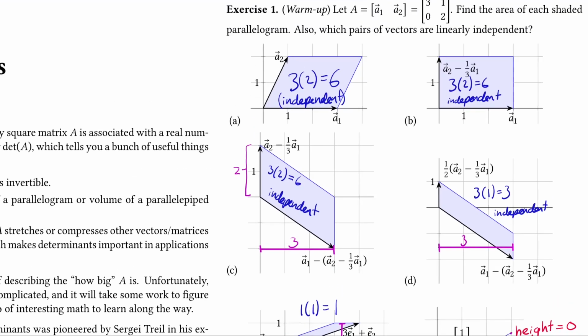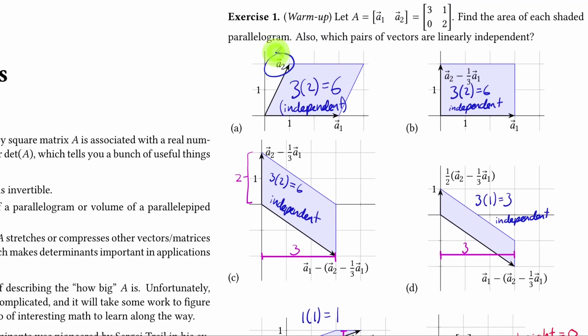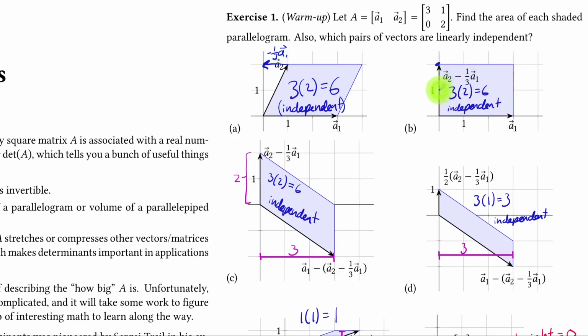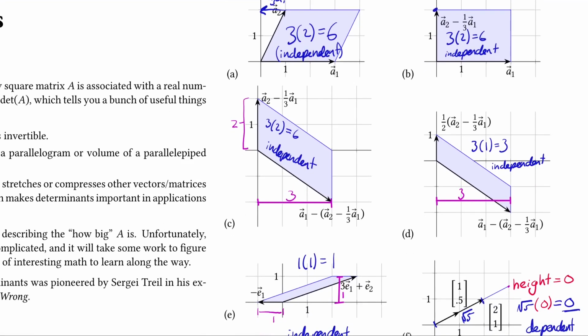Here we're just replacing A2 with A2 minus 1/3 A1, which gives you this vertical vector here. And then after you've messed with that, you can slide the deck of playing cards.